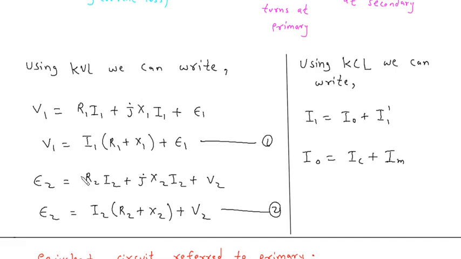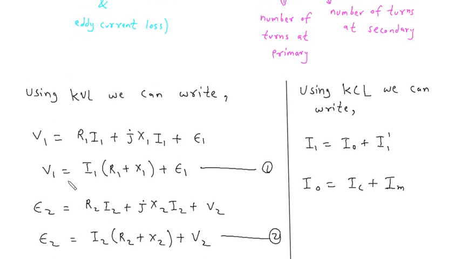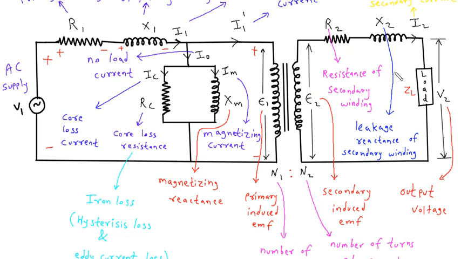Now if we apply KVL to loop 2, let us say this is positive, this is negative, this is positive, this is negative.